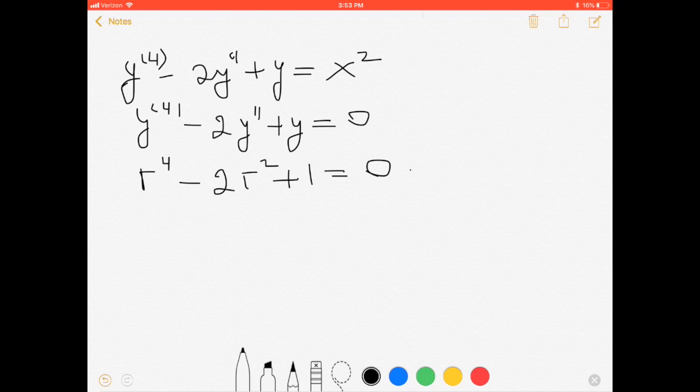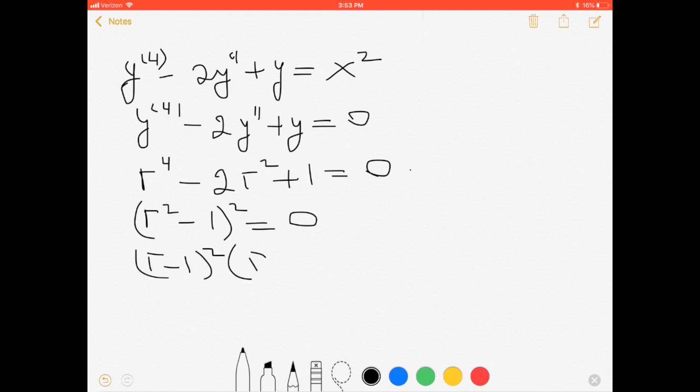Please give me r squared minus 1 squared equals 0. Please give me (r minus 1) squared times (r plus 1) squared equals 0.